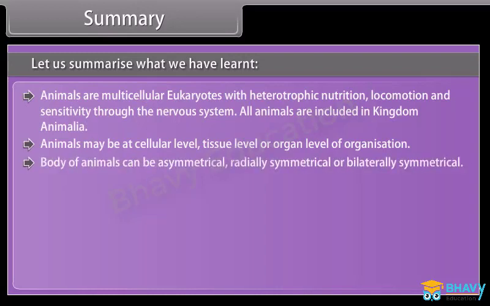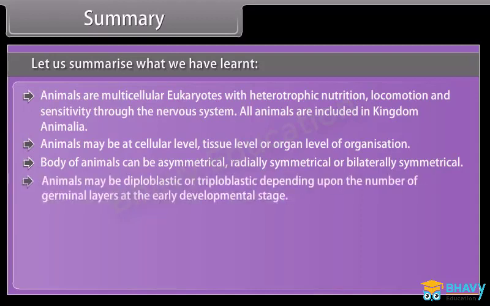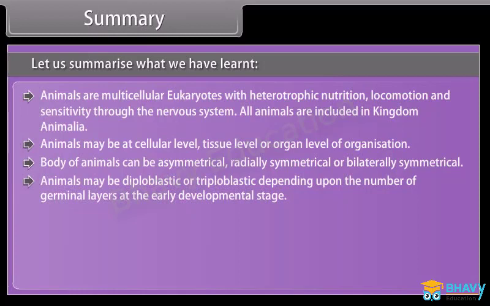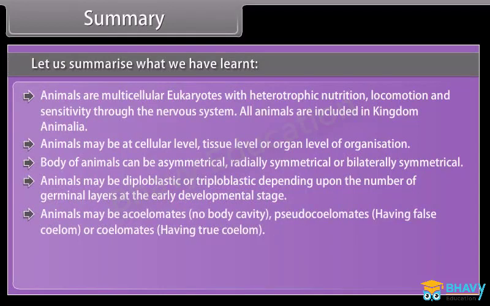Body of animals can be asymmetrical, radially symmetrical, or bilaterally symmetrical. Animals may be diploblastic or triploblastic depending upon the number of germinal layers at the early developmental stage. Animals may be acoelomates, with no body cavity, pseudocoelomates, having a false coelom, or coelomates, having a true coelom.